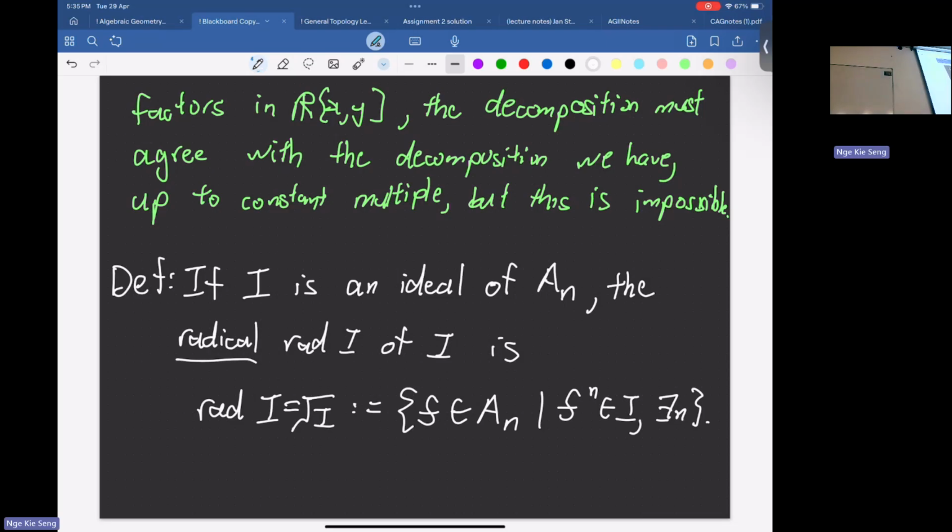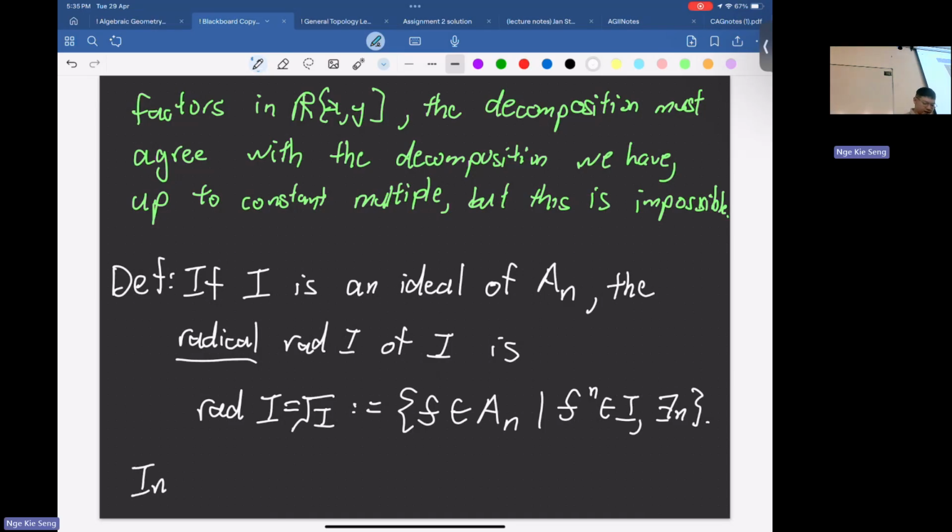Like what we did just now. This is like the n-th root form. You take f^n, then you take the n-th root. That's why you put it into the radical ideal.